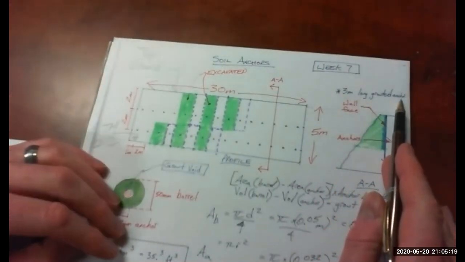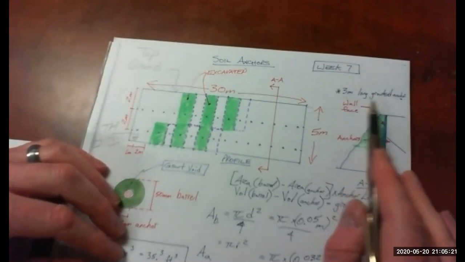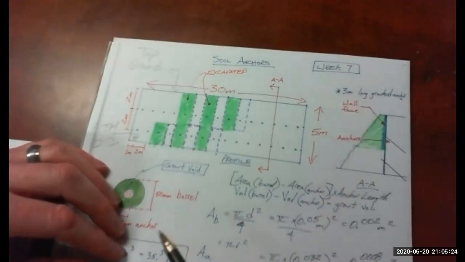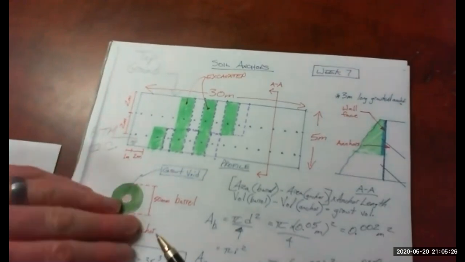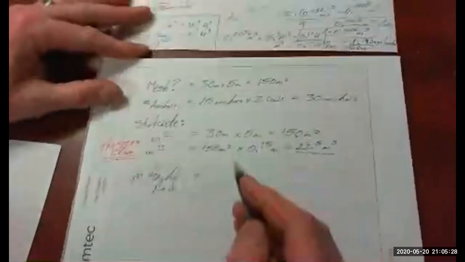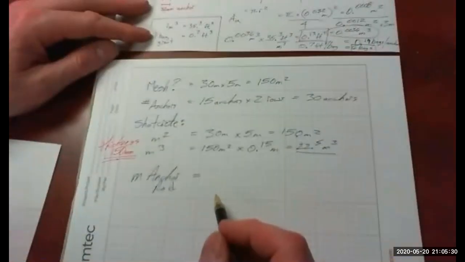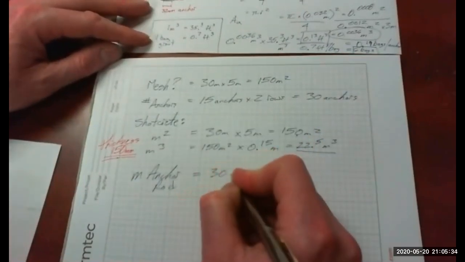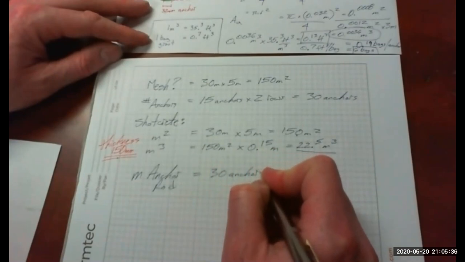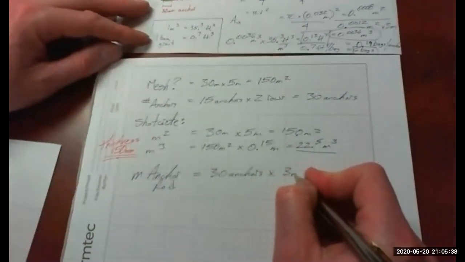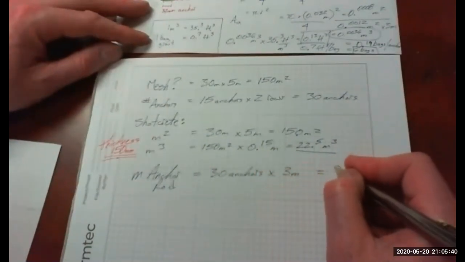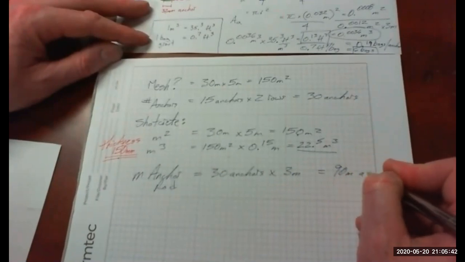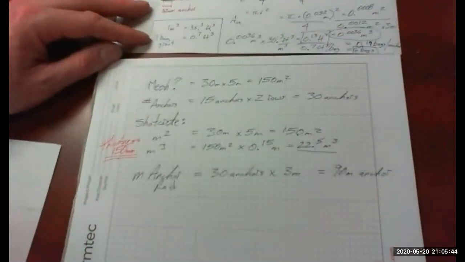We're not told anything in addition to that, so we have to assume that each anchor is 3 meters long. So how many anchors do we have? We said we had 30 anchors, so 30 anchors times 3 meters long is 90 meters of anchor.